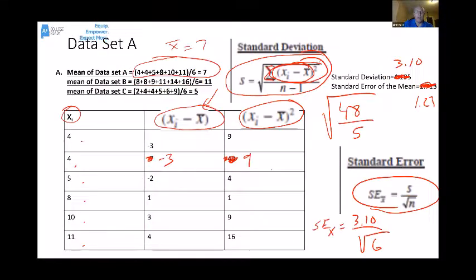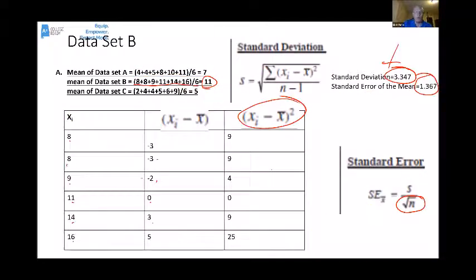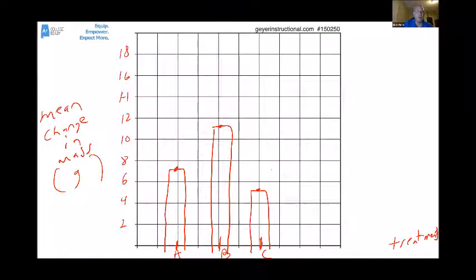So for group A, our standard error of the mean was 1.27. We want to go up from there 2.54. So our mean was at 7. We're going to go up 2.54 from that. So that would put us up at about 9.54. And I'm going to go ahead and write that in. You don't have to, but that just tells me where it's at.